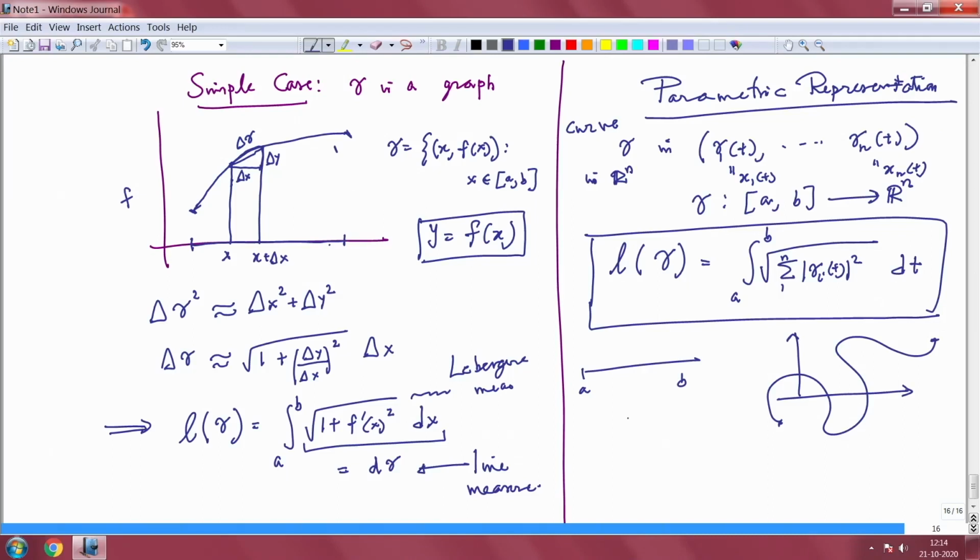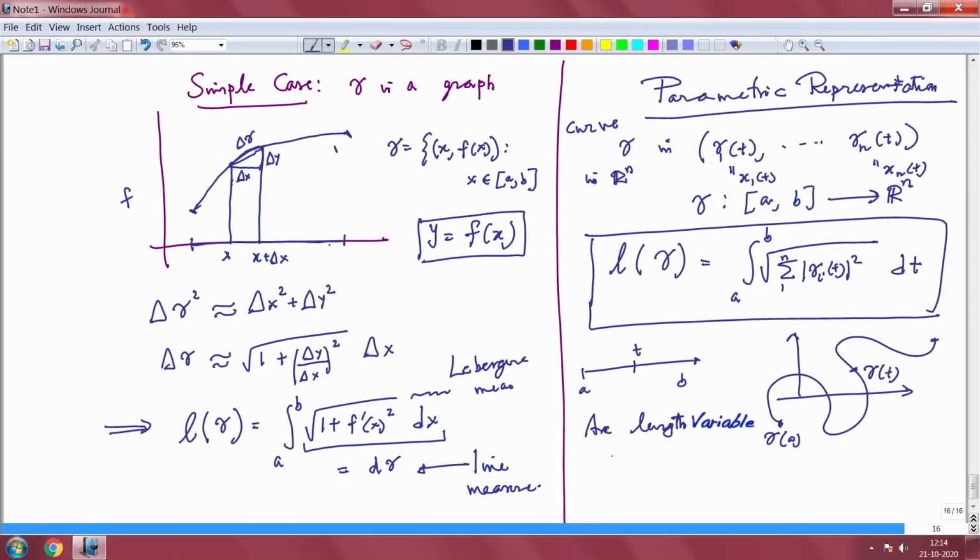So, this gives you what we call an arc length variable, right. You can define an arc length variable. You take any point here, with a corresponding to gamma a, and take any point corresponding to gamma t at some point t here. This is b, this will be your t.